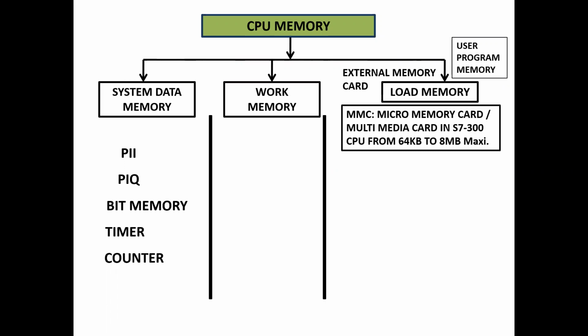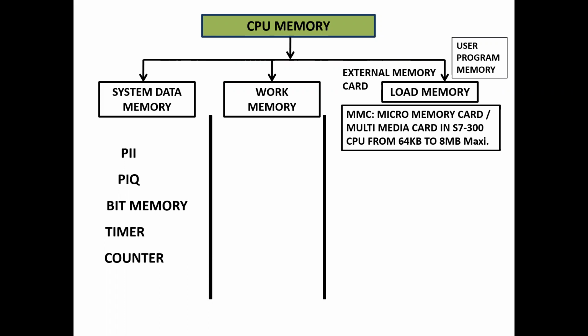The advantage here is that in this 300 you need to buy that memory card from Siemens only, but in this you can buy that memory card from anywhere outside. And one thing you need to do is download one software from the Siemens website for 1200 and 1500, and you have to unzip that software, which will be in zip format, onto that memory card, and then you can plug and play.